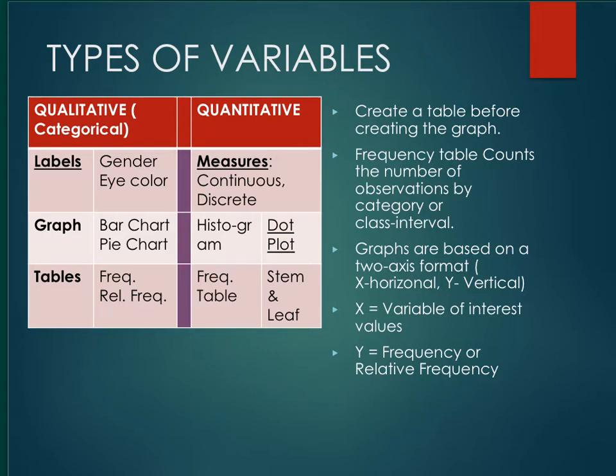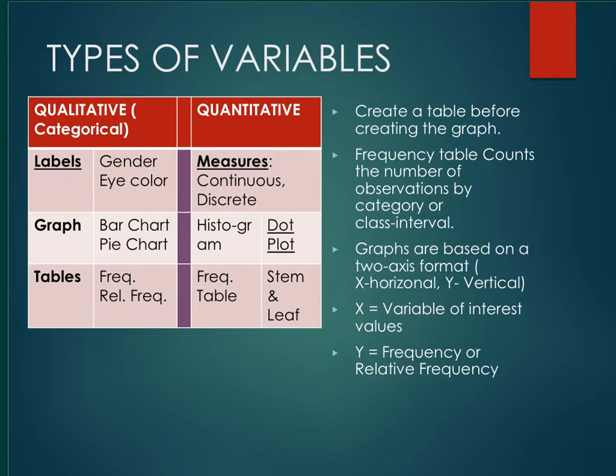The graphs that we're going to look at for quantitative variables are histograms and dot plots. When we get to Chapter 2.2, we'll discuss those in detail. Again, we will look at frequency tables and stem and leaf plots when we get to that chapter.